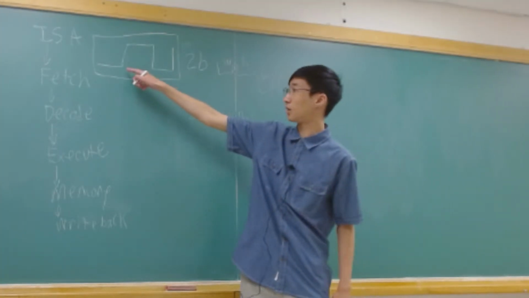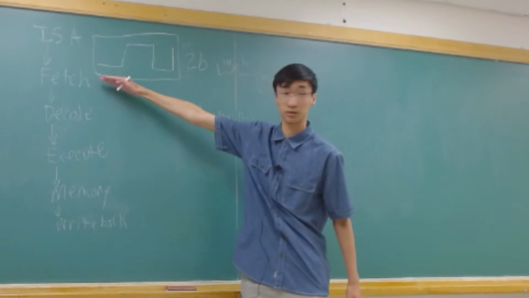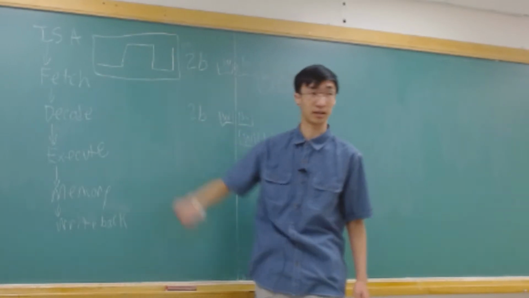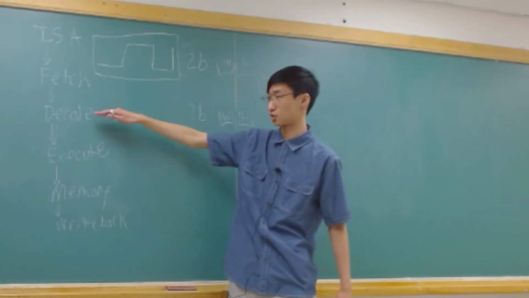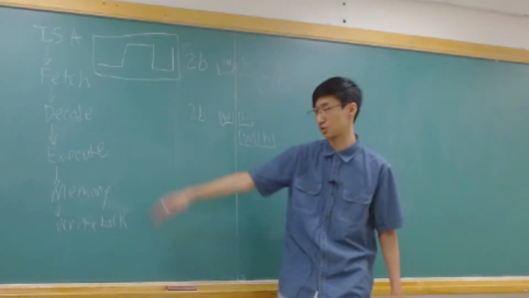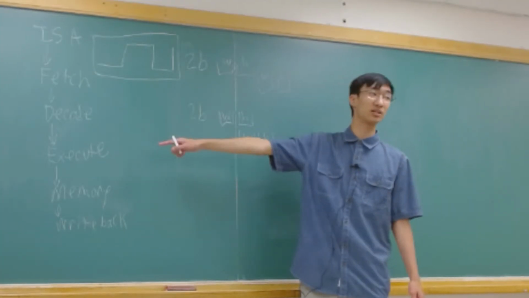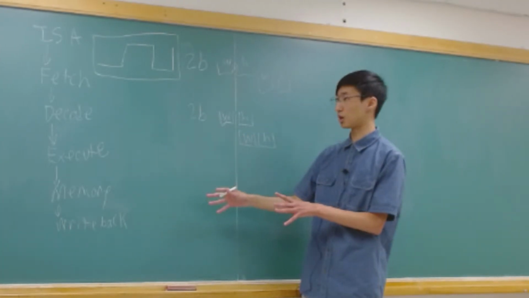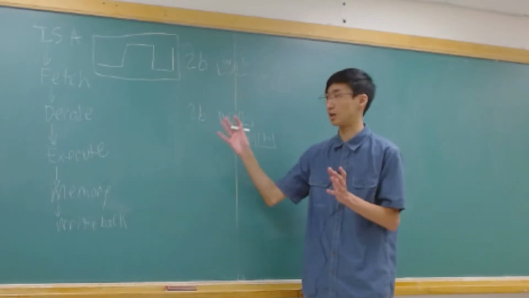And so each time you rise on this clock, you will step from one to the next piece of this cycle. So an instruction will fetch and an instruction gets decoded and executed and so on. Now this is kind of not perfect in a model because this is kind of outdated.